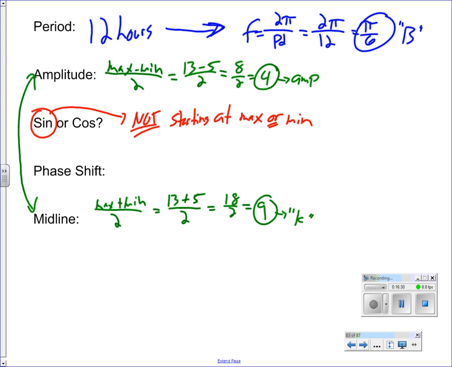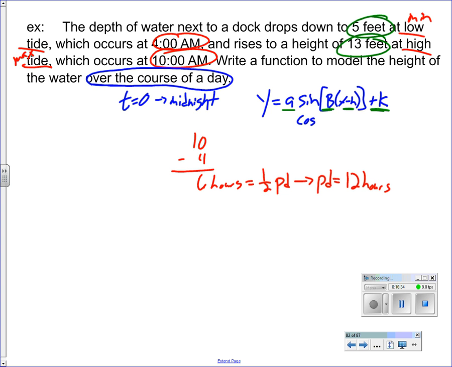So the last piece is the phase shift. This is the piece that's the most tricky to figure out. To understand the phase shift, we want to think about our pattern for sine. We start with 0, go up to a max, back to 0, down to a min, and then back up to 0. That's our usual pattern.